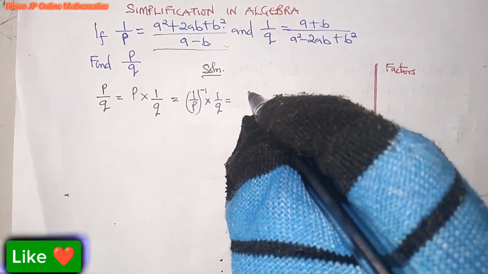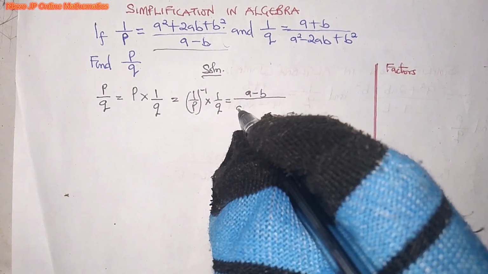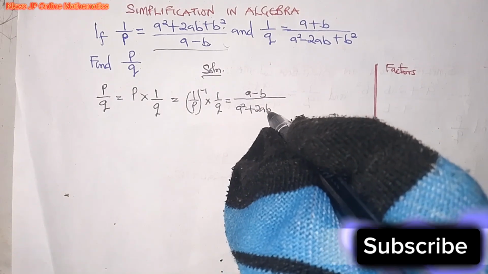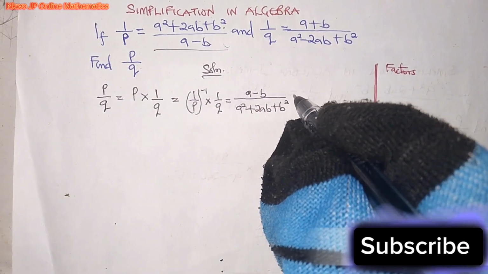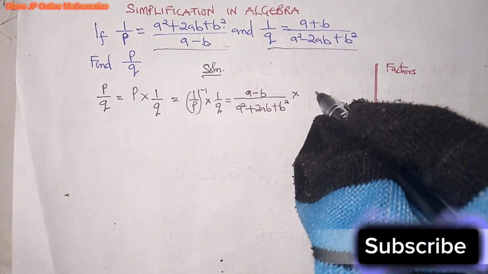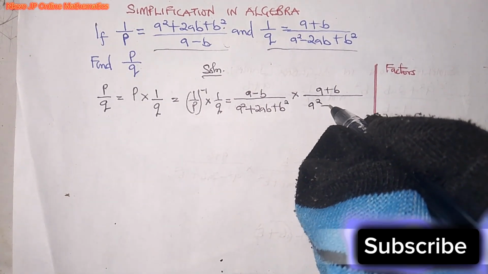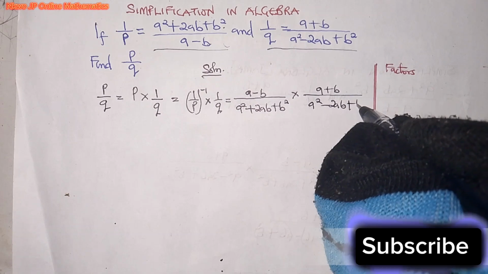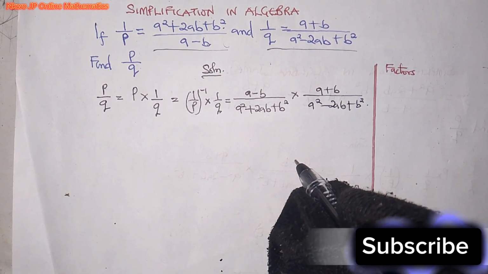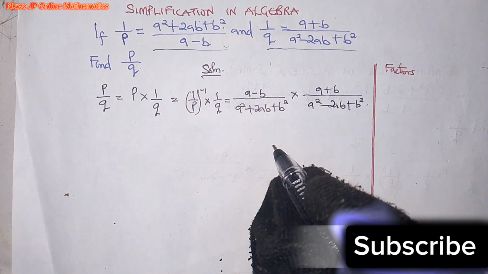So it now becomes a minus b all divided by a square plus 2ab plus b square multiplied by the inverse of q. The inverse of q still remains a plus b all divided by a square minus 2ab plus b square. So we can see we have just simplified p divided by q, so we need to continue the simplification process.